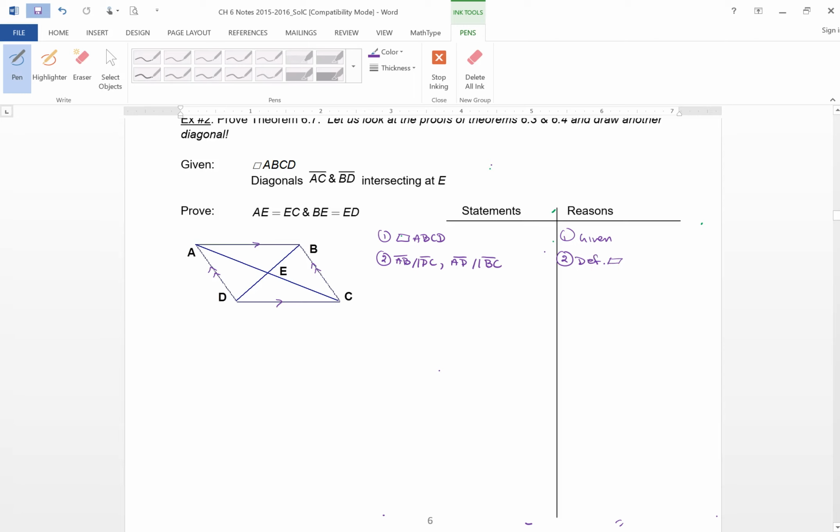Okay? Next, here I have vertical angles, right? So I say angle AED is congruent to angle BEC. Vertical angles are congruent.